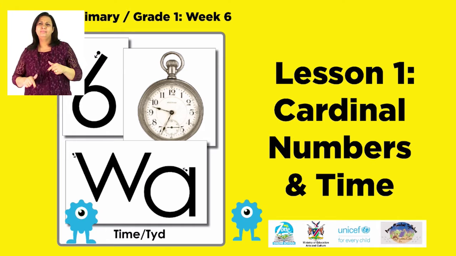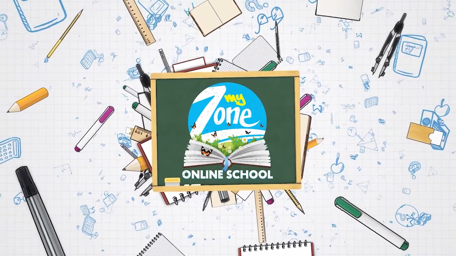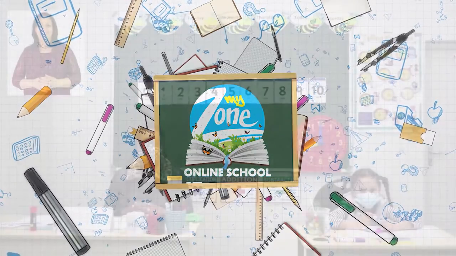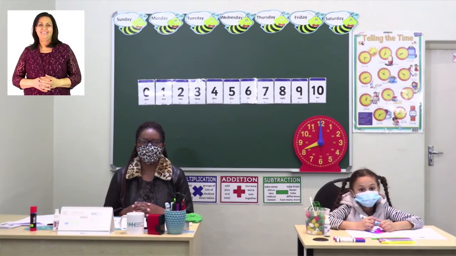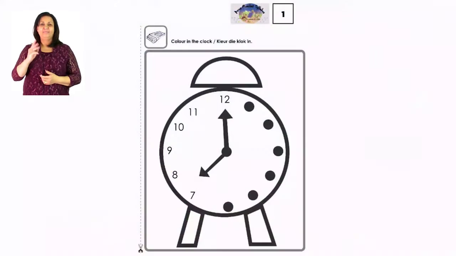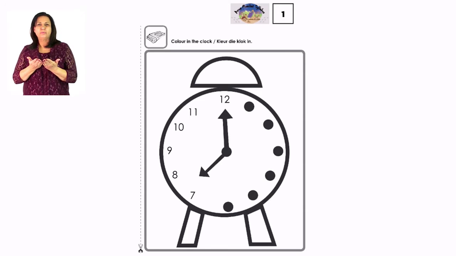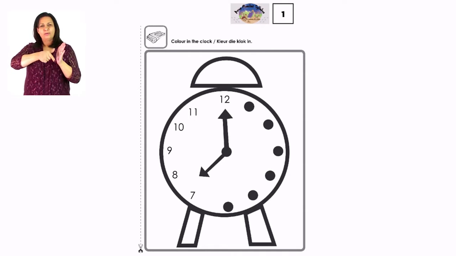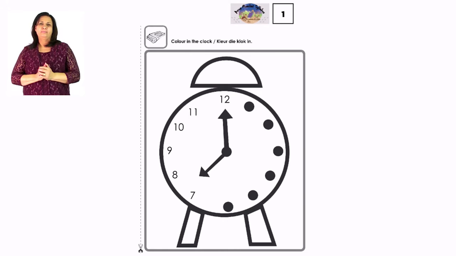Today's lesson is on cardinal numbers and time. Let's turn to page 3 of our booklet. If we look at our booklet, we have a clock. It has some dots on it and some numbers.